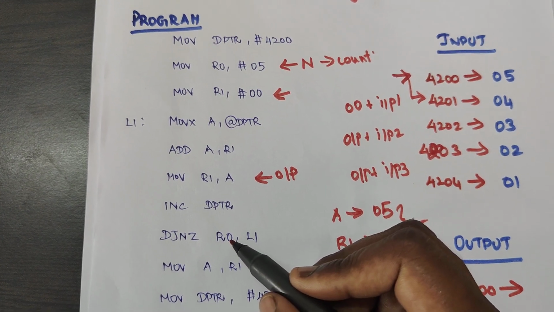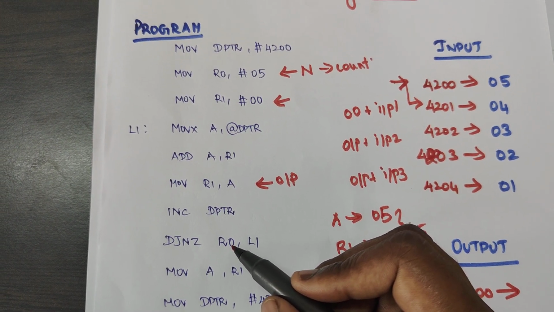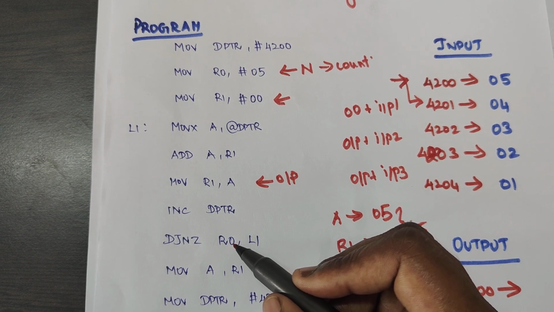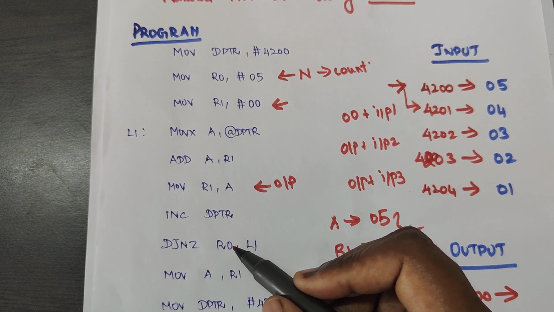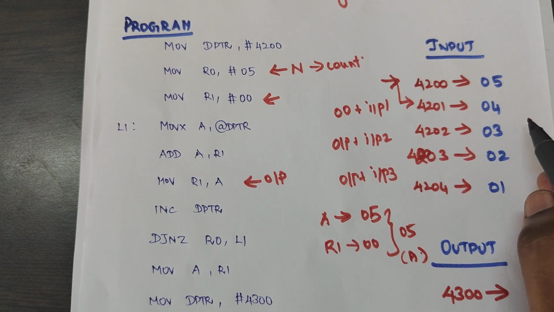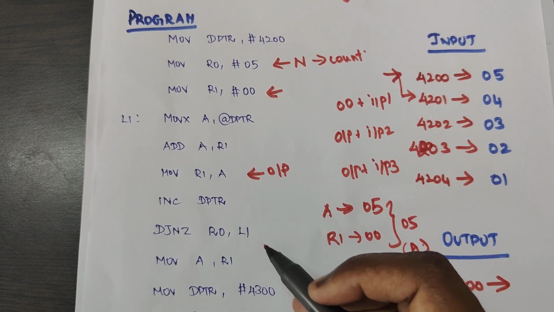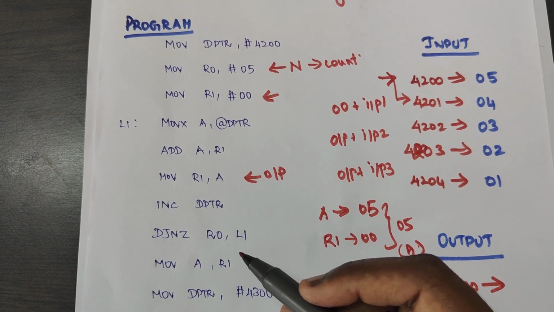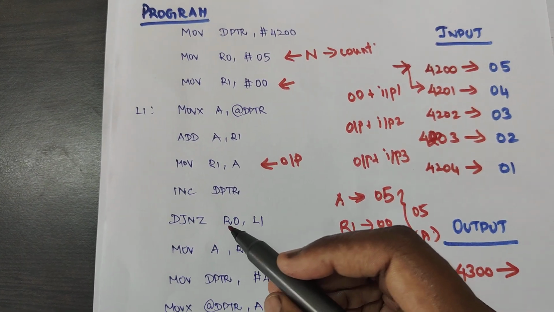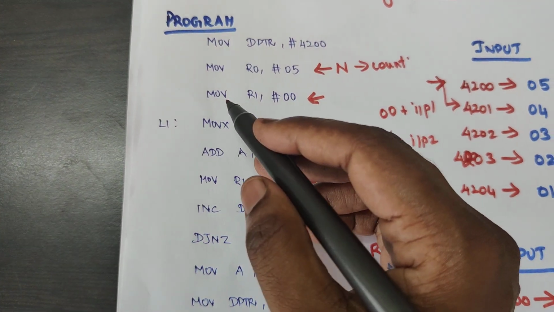R0 holds the number of data loaded in the array. We decrement, and if it is not equal to 0, we continue with the next data. If it is equal to 0, we have attained the final answer, so we move it to the memory location. Since it is not equal to 0, the loop will continue again.